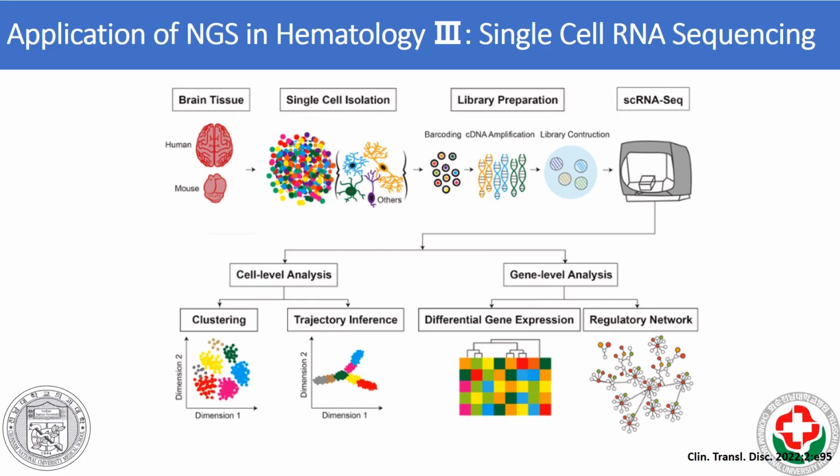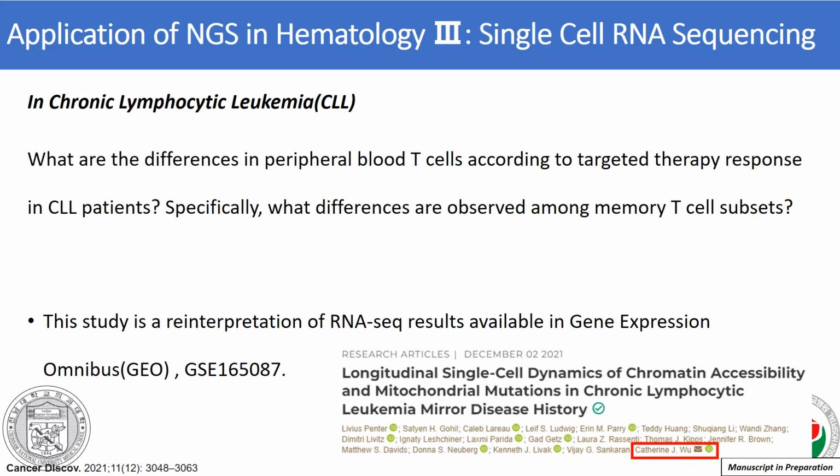Let's move on to our third topic, single-cell RNA sequencing. This slide shows the pipeline of RNA sequencing. Our third topic also focused on CLL, but in this work, I focused on the T cell.